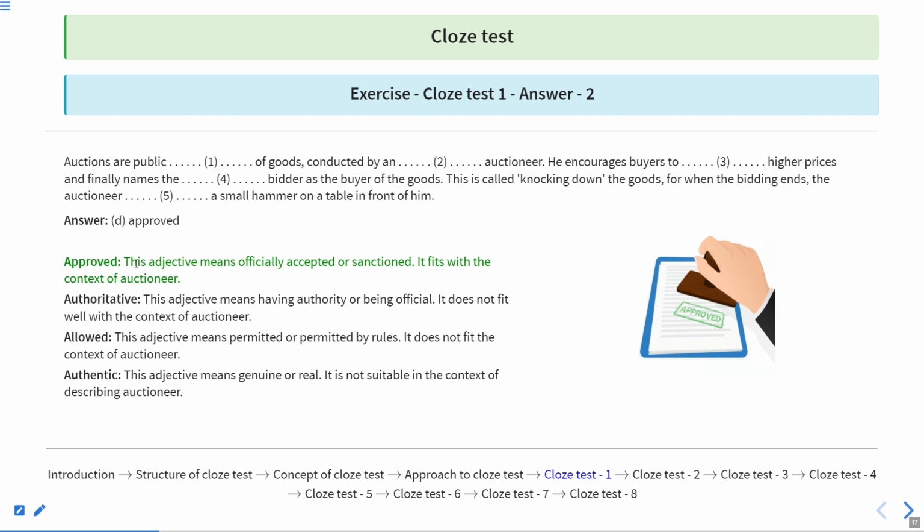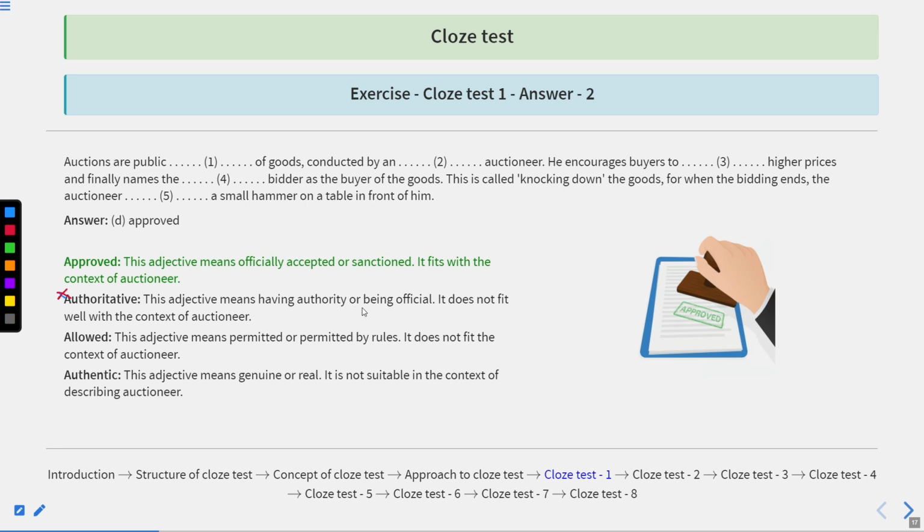Why approved? Because this adjective means somebody who is officially accepted or sanctioned. It fits within the context of an auctioneer. If we had used the word authoritative, it would have been wrong. Why? Because he is not appointed by authority to conduct the auction.